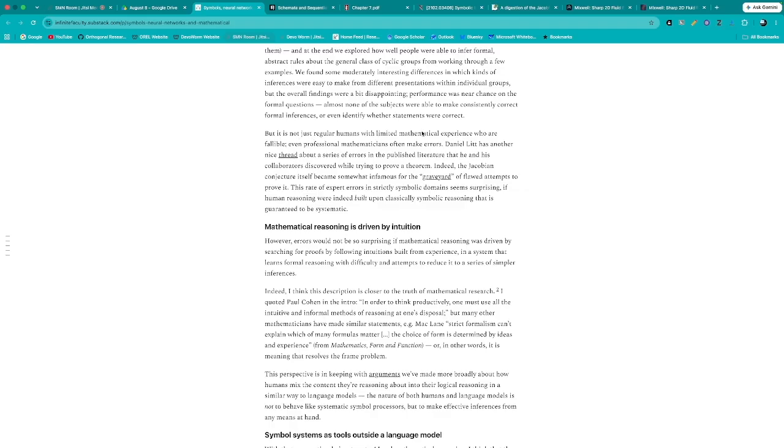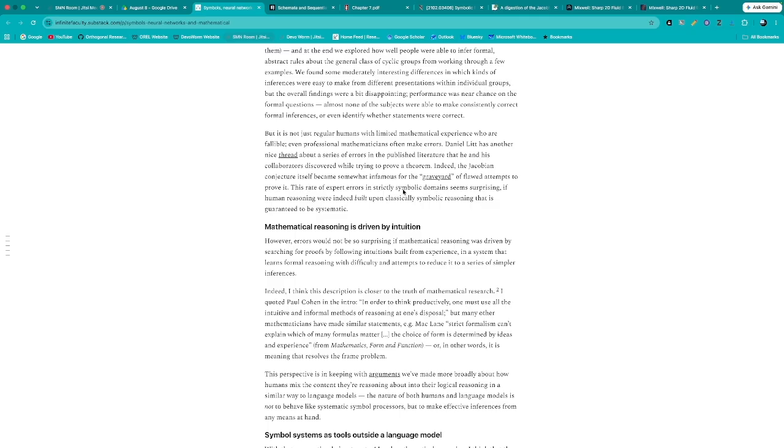But it's not just regular humans with limited mathematical experience who are fallible. Even professional mathematicians often make errors. Daniel Litt has another nice thread about a series of errors in the published literature that he and his collaborators discovered while trying to prove a theorem. Indeed, the Jacobian conjecture itself has become somewhat infamous for the graveyard of flawed attempts to prove it.